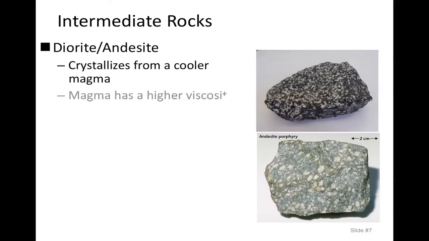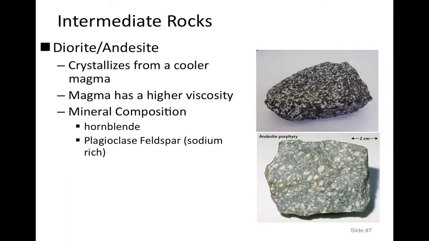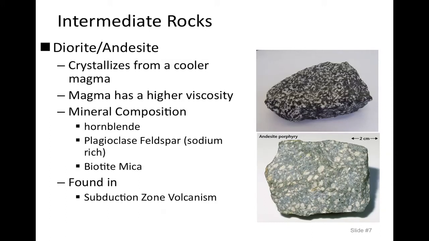So intermediate rocks are called diorite, that's the large crystal variety, and andesite, the small crystal variety. It is going to be lighter in color than the mafic rocks, but still darker than the felsic rocks. Its composition is hornblende, plagioclase feldspar, and biotite mica.